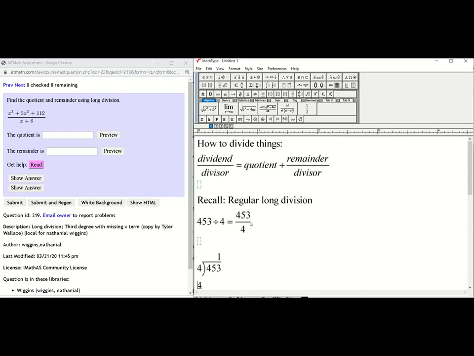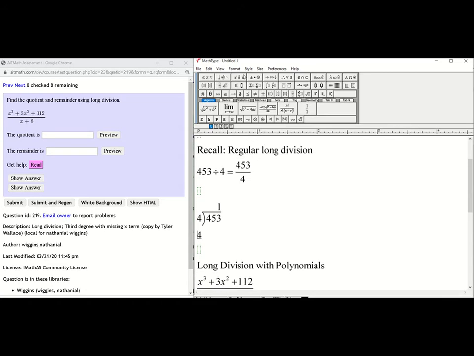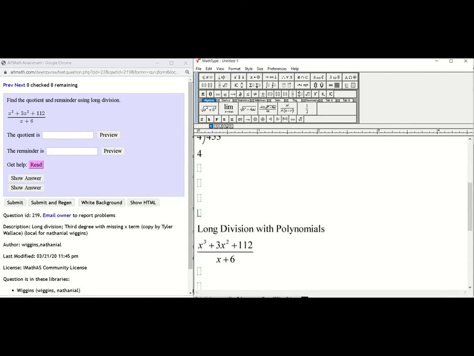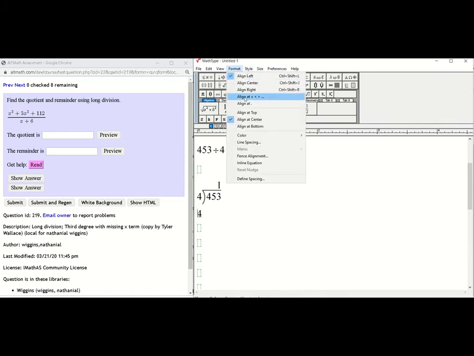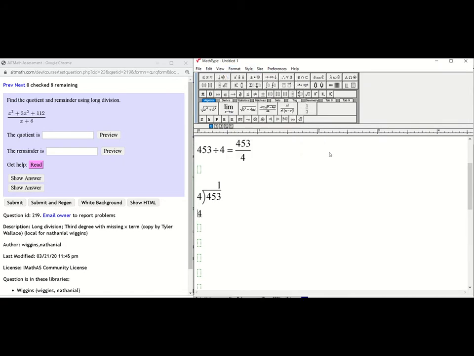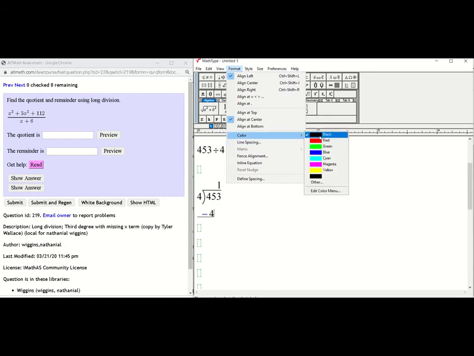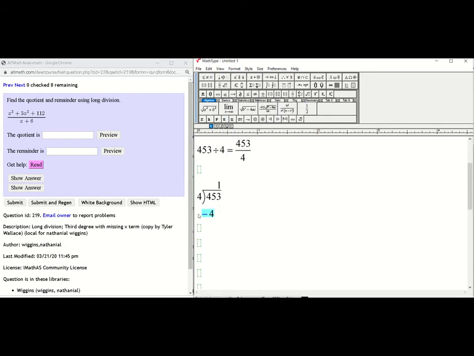And then what do I do? I change the sign, right? I'm going to change the sign. And now I'm going to add down, okay?